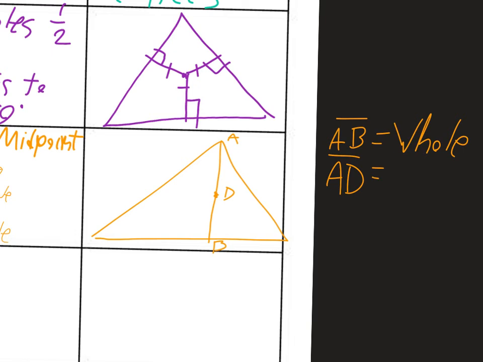AD is the long segment because it runs from the vertex to the centroid. And that segment, DB, is our short segment because it runs from the centroid to the opposite side.